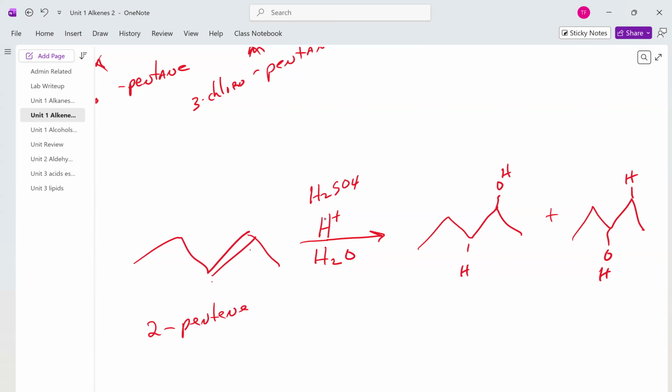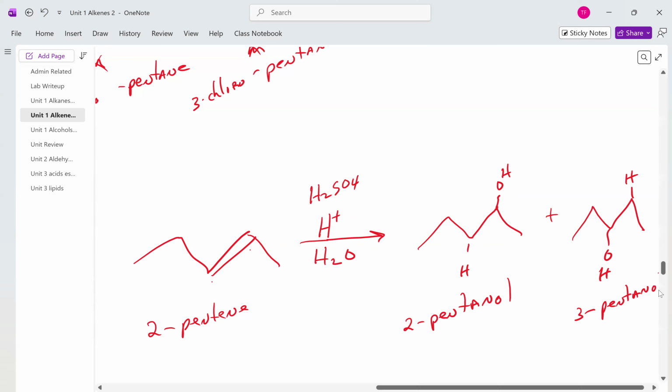Now these are alcohols. We haven't got to the alcohol subunit yet, but the way you name them, alcohols are OL, functional group. So we have 2-pentanol, 3-pentanol.